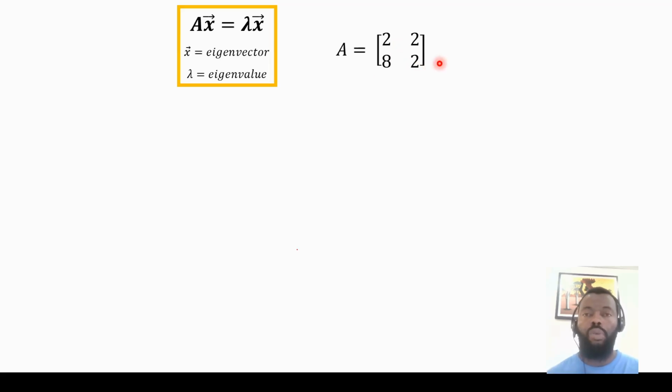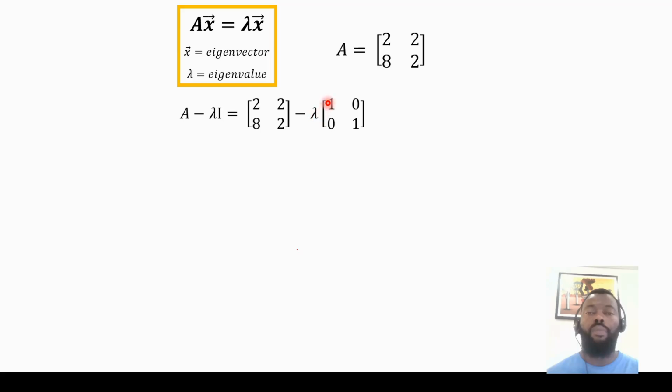To get the eigenvectors, we can start by getting the eigenvalues from this matrix. So we will have here the formula. We need to have A subtracting the scalar lambda times the identity matrix. So we have our A matrix minus lambda multiplying the identity matrix.